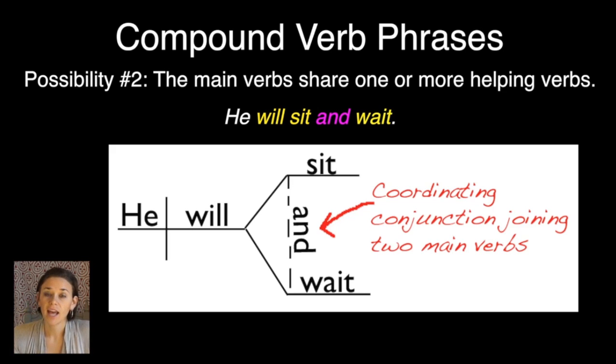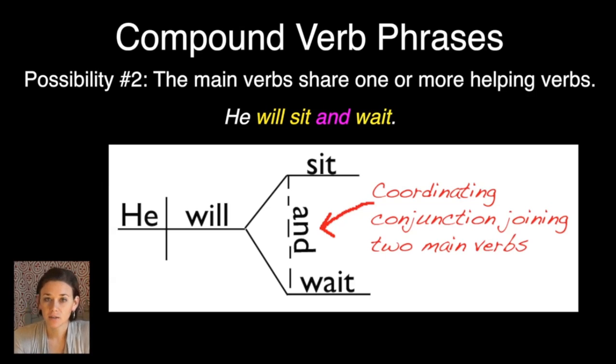There it is, and notice that the way that we diagram it is by waiting to split the line until after the helping verb, because both sit and wait are using the helping verb will. So we have to keep it on one line until it splits off into the 2 main verbs. So will is a helping verb, and then sit and wait are main verbs.